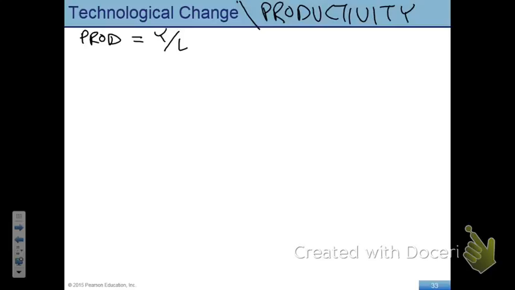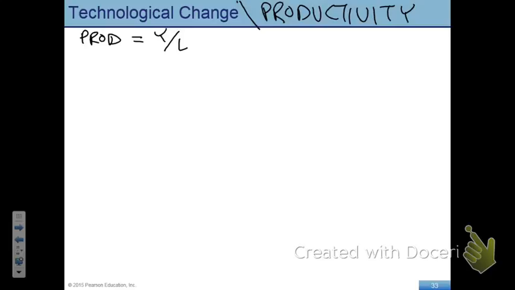So productivity actually measures how much output you can produce with a given amount of input. We want to understand that from an economics perspective. For economics, productivity is a good way of telling you a lot about the production process. For example, to begin with, we want this number to be as large as possible. Do we all see that? We want our productivity to be as large as possible. What does it mean?